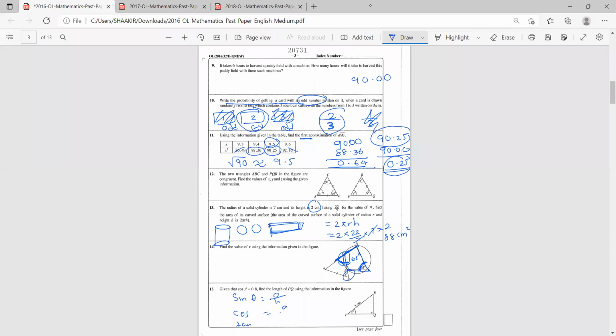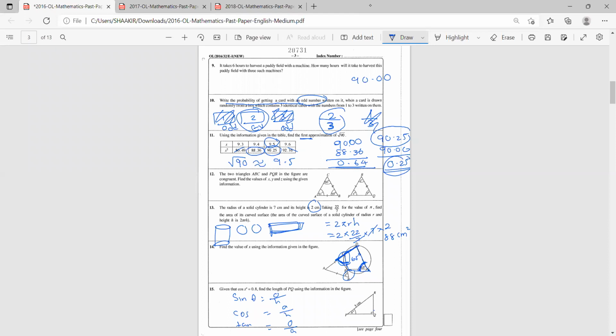Cos means adjacent over hypotenuse. Tan means opposite over adjacent. These are the formulas we give for each ratio. Now in this question, first you should know how to find the opposite and adjacent sides. You all know how to find the hypotenuse; I think you don't have any doubts in that.